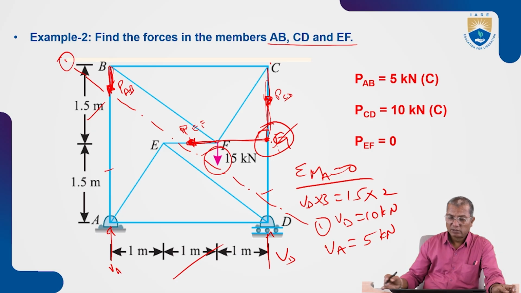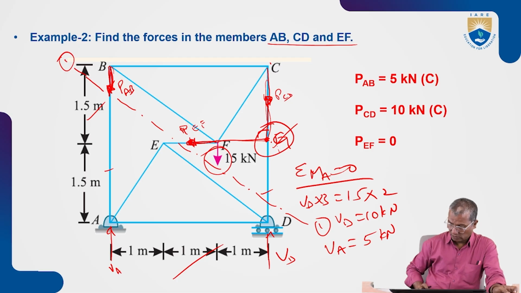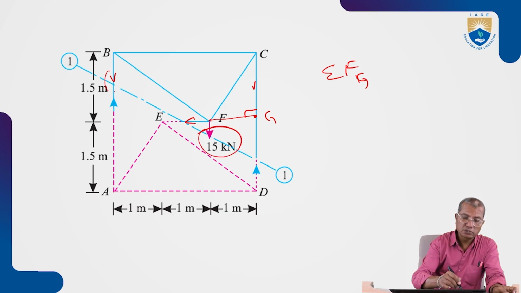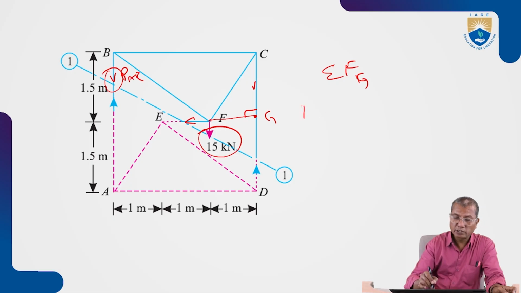Taking moments about G, you will have the moments of the 15 kilonewtons force and PAB.